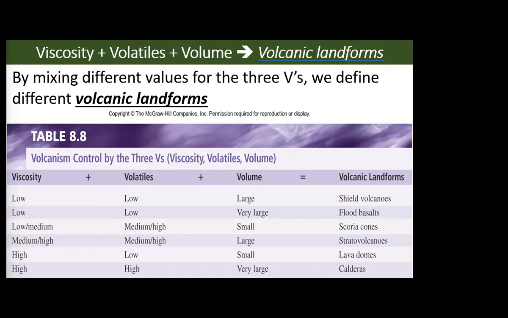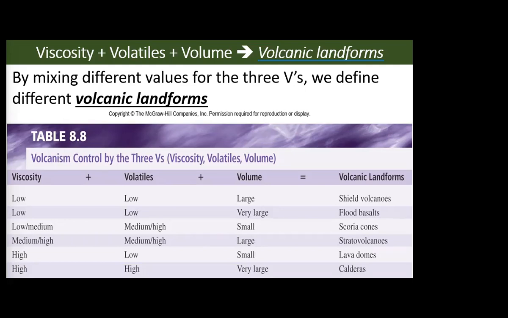That's where we get shield volcanoes like Hawaii. Huge volumes of lava, but not very eruptive. That's why they spread out over such a large area, but don't build up really high. Very thin lava wants to spread out laterally, not vertically.